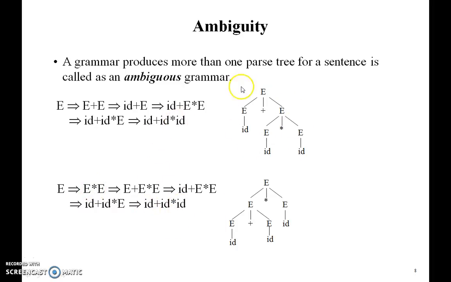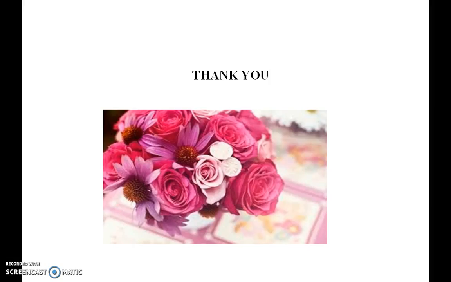So the syntax tree structure is also different. So we say this is an ambiguous grammar. The syntax analyzer tries to avoid this kind of grammar because it leads to contradictions or conflicts when we compile the program.